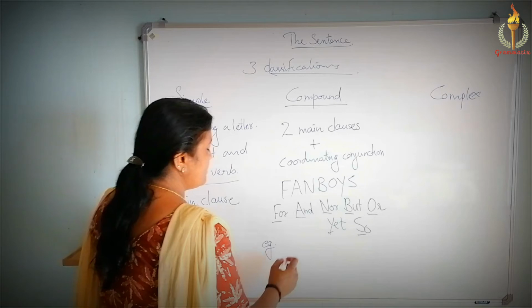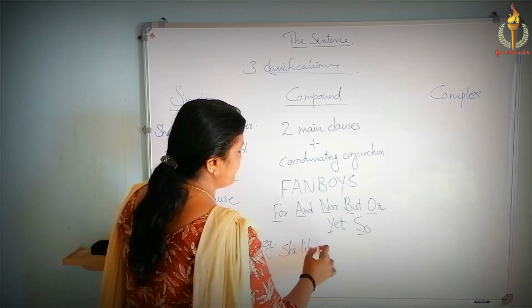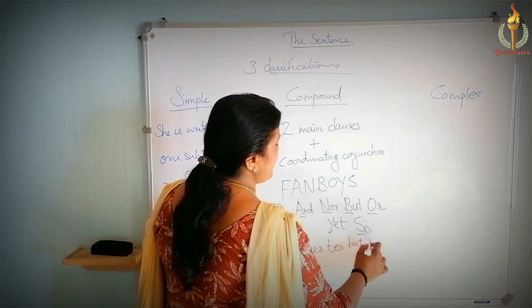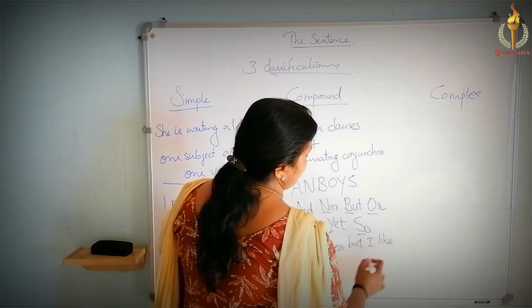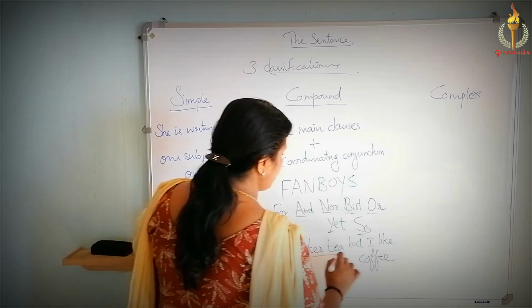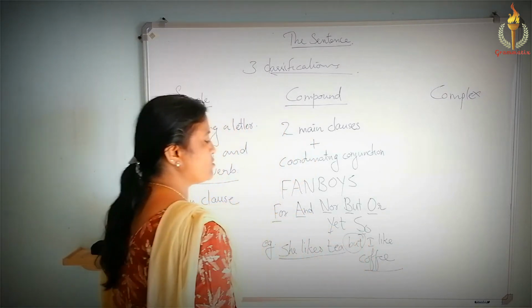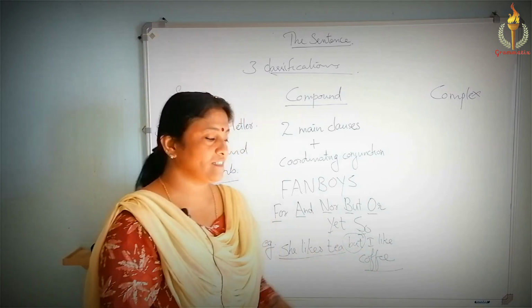For example, she likes tea, but I like coffee. So she likes tea, I like coffee. This is the coordinating conjunction. But she likes tea can stand alone. I like coffee, it can stand alone.